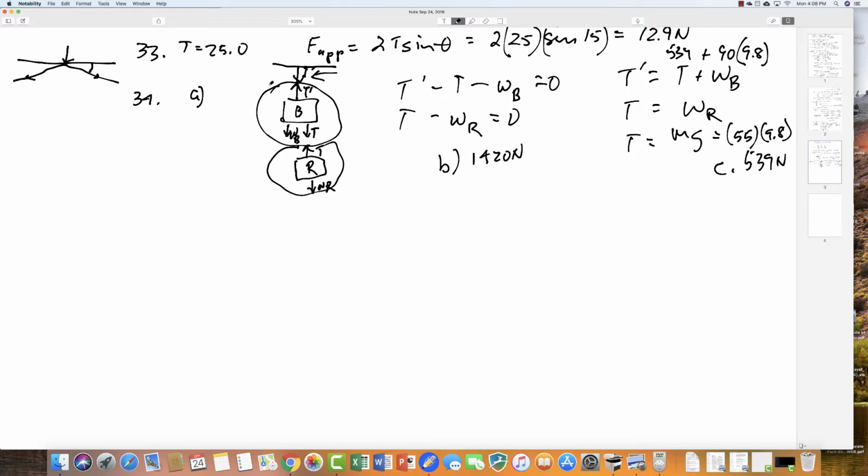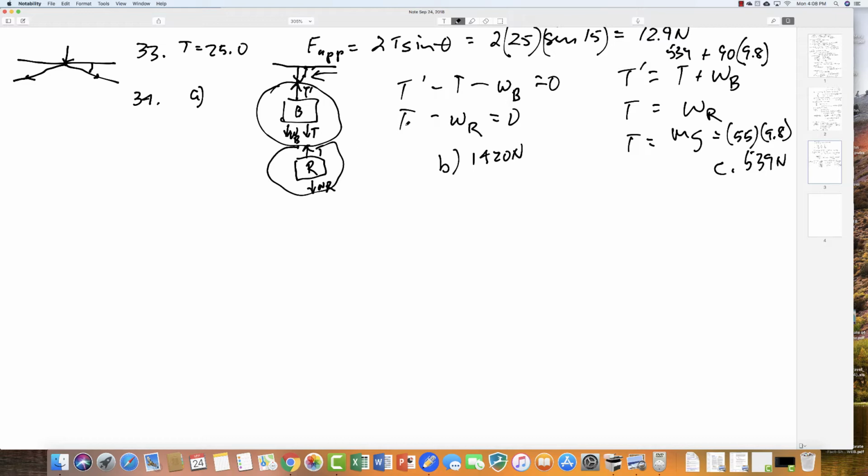Now if we consider the superhero alone, we draw a circle here cutting through T prime, and then we consider the trusty sidekick alone, we draw a circle around him, and that goes through T.